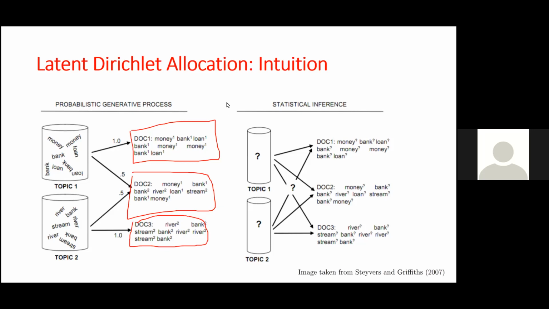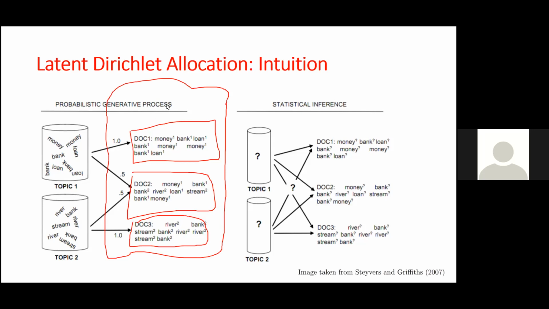If somebody asks you, given these three documents, to find only two topics, topic 1 and topic 2, and find which document contains which topic, then this problem comes under inference. You need to infer this information from the data.